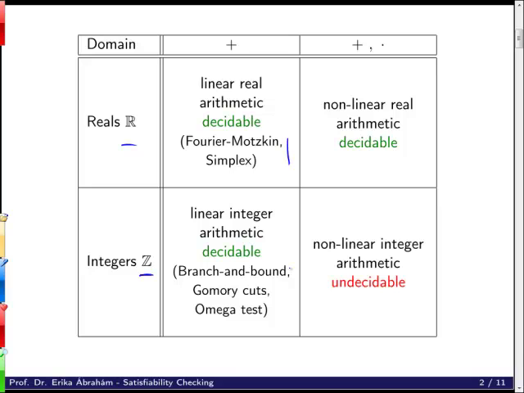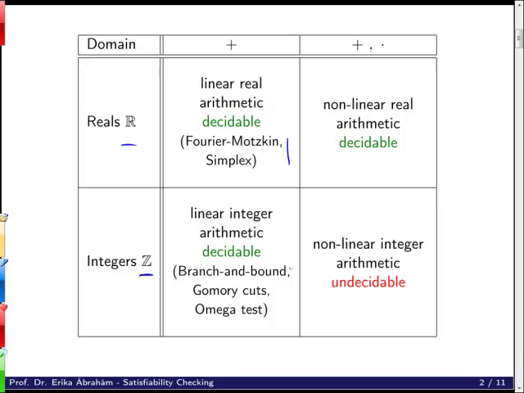If we add to the addition also multiplication, then we have nonlinear constraints. That means we deal with polynomials. And if you have reals with addition and multiplication, this is the nonlinear real arithmetic, or also called real algebra. And this logic is decidable. This is what we deal with in the next 2 weeks.